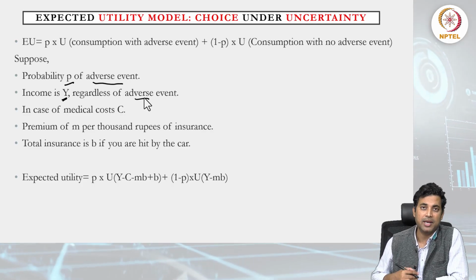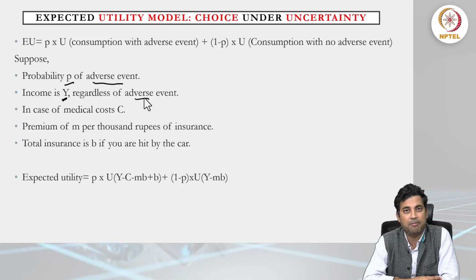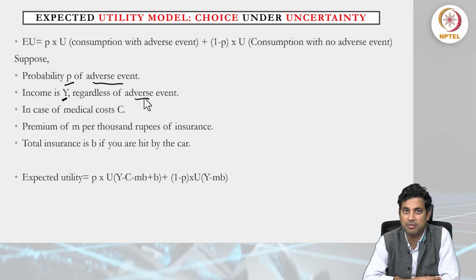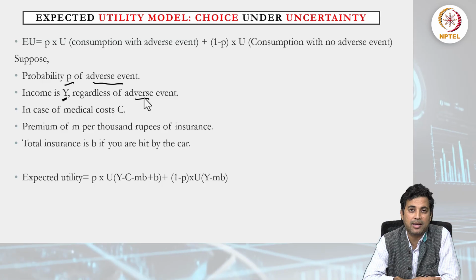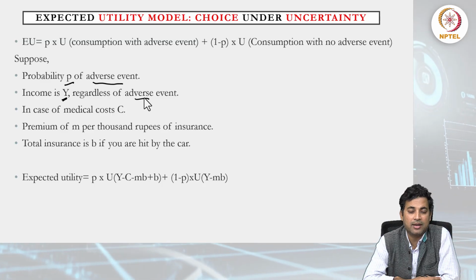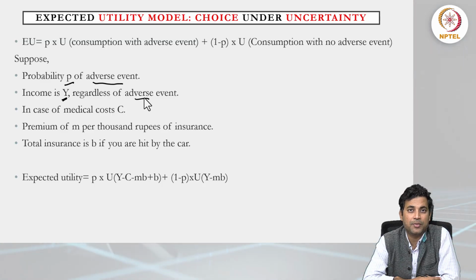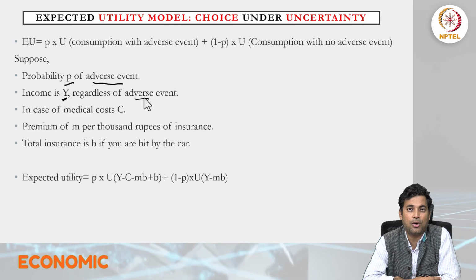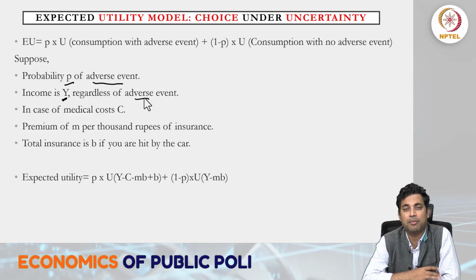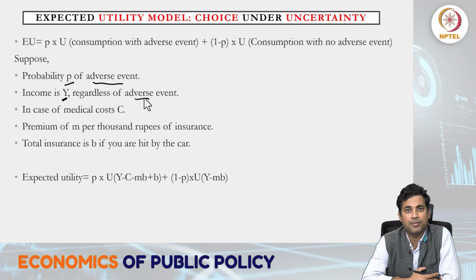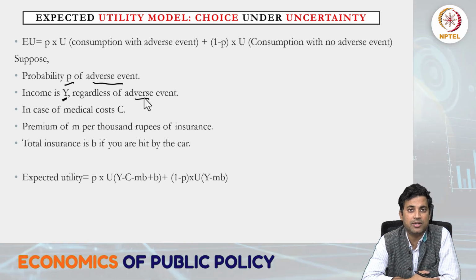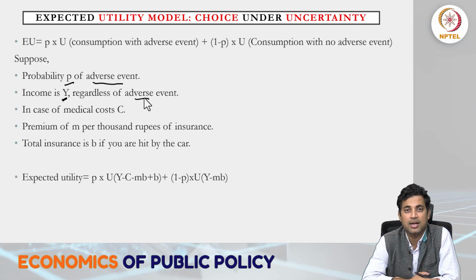Because from income, a certain fraction is what I pay for the insurance premium. Therefore, I have many options. I can go ahead with buying insurance for all the probable events that I'm anticipating, for instance health insurance, car insurance, home insurance.